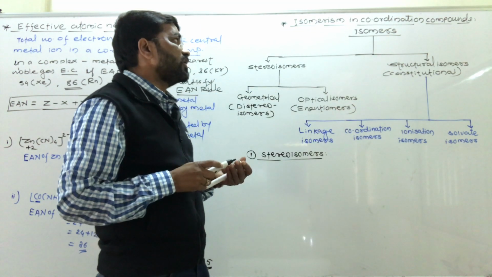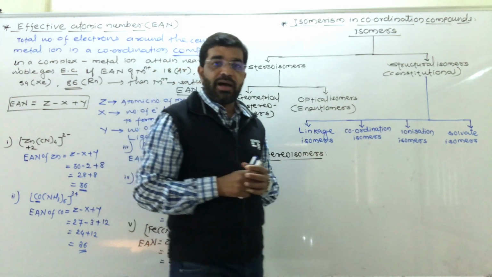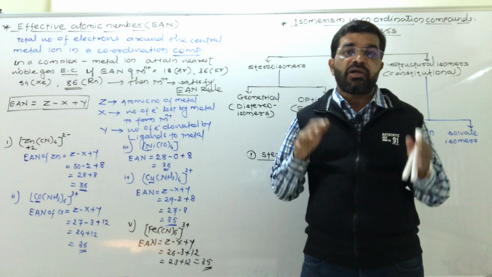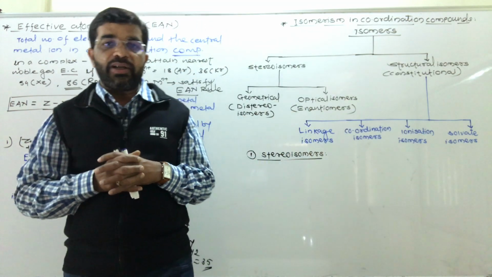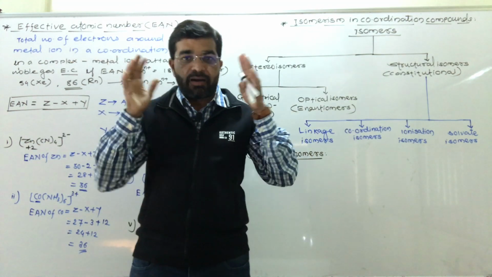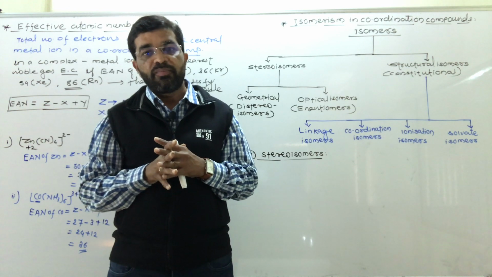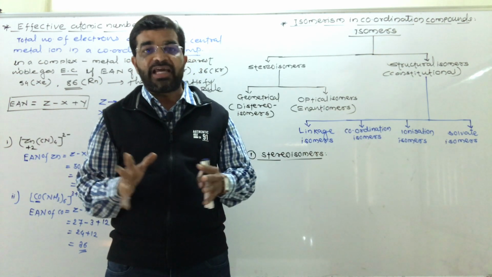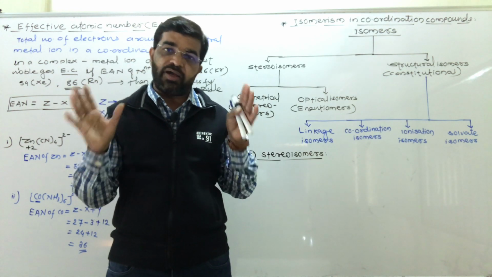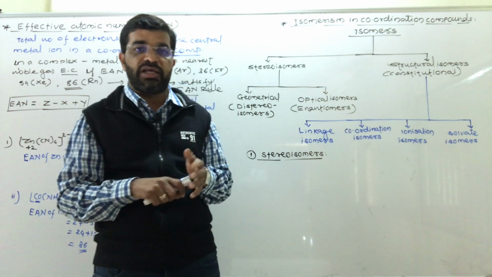Isomerism in coordination compound. So isomers of coordination compound is a very important point, because coordination compounds are compounds which show many types of isomers. Many more types of isomers are shown by coordination compounds or the complexes.